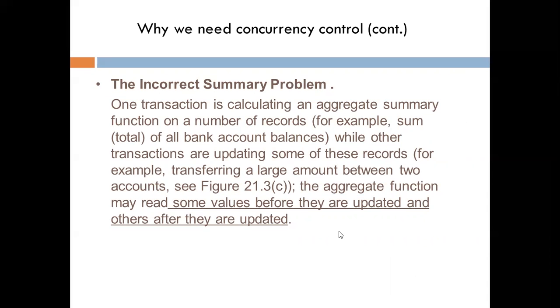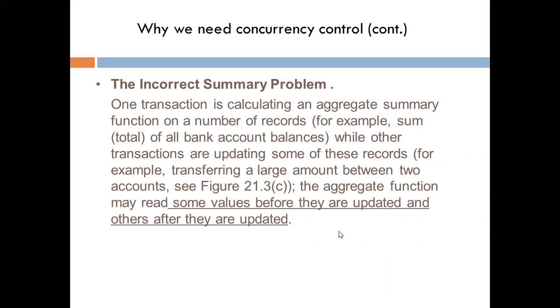So the incorrect summary problem. If we summarize that problem, one transaction is calculating an aggregate summary function on a number of records, while the other transactions are updating some of the records that are involved in the first transaction, like transferring a large amount between two accounts.